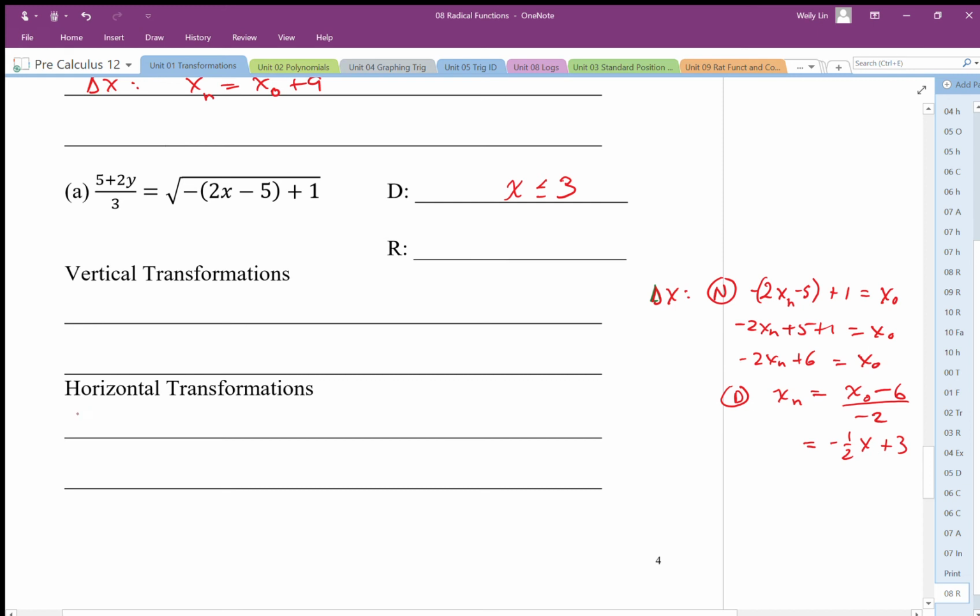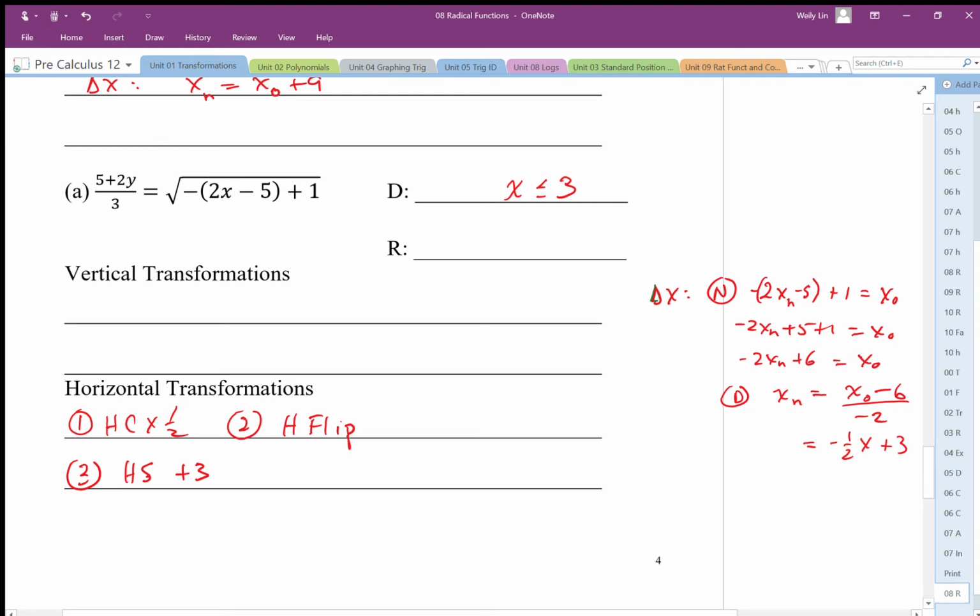So the first thing I'm going to do is a horizontal compression by 1/2, horizontal flip, okay, and lastly is my horizontal shift plus 3, and that helps me identify my vertex. Vertical transformations, well, the vertical transformations actually are all in reverse because the transformations are all with the y.